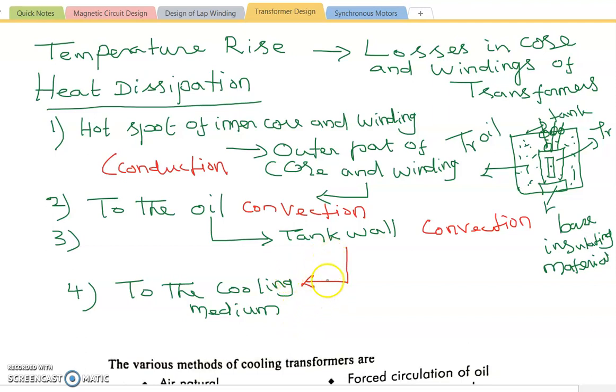So the fourth method of heat dissipation is from the tank wall to the cooling medium or outer surface. Here the heat dissipation is going to take place by both convection and radiation.